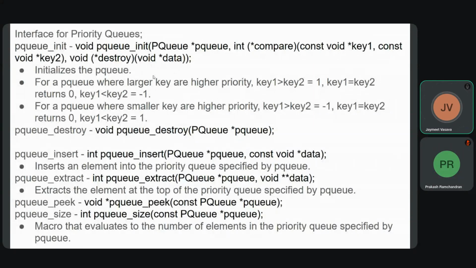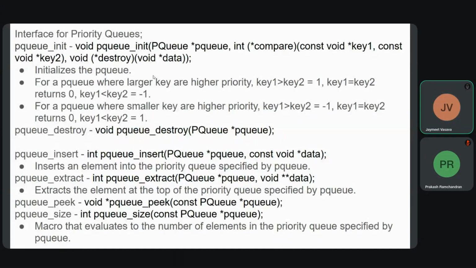If the larger keys are a higher priority, then key 1 greater than key 2 will return 1, key 1 equal to key 2 will return 0, and key 1 smaller than key 2 will return -1. For a priority queue where a smaller key is a higher priority, key 1 greater than key 2 will return -1, key 1 equal to key 2 will return 0, and key 1 smaller than key 2 will return 1.